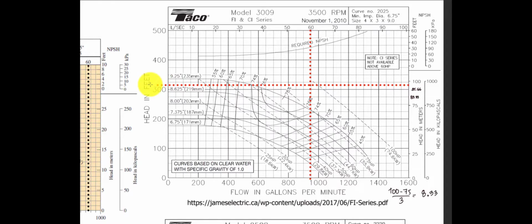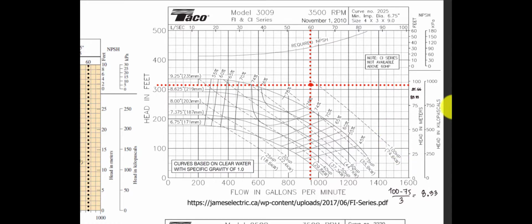Here we have the intersection of our system. Still, if you see the intersection, it does not cover. But we have here a pump in the range of 74.6 kilowatts, or 100 horsepower.